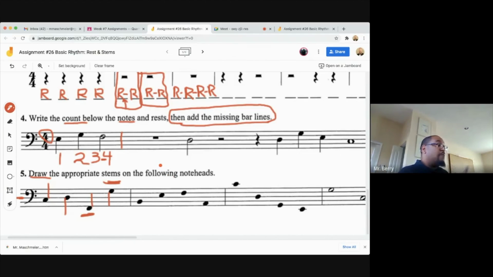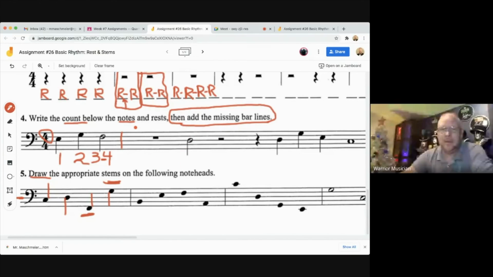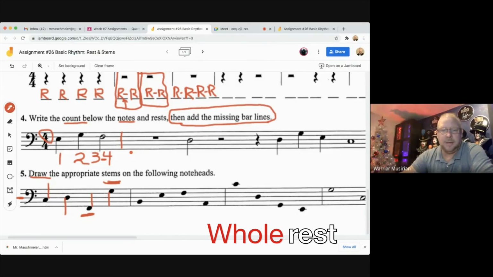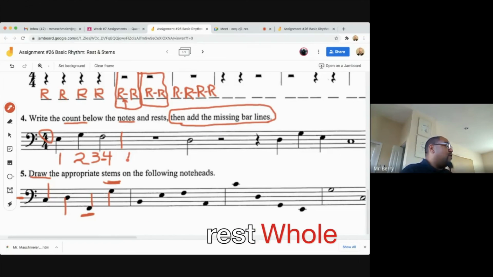We're going to do one more measure of number 4, and then you are going to go ahead and complete assignment 26. The next measure, what is that note or rest called? It's a box. It looks like it's hanging from a line. What's it called, Ben? Thank you. It's called a whole rest. The value of a whole rest, just like a whole note, is 4 beats.